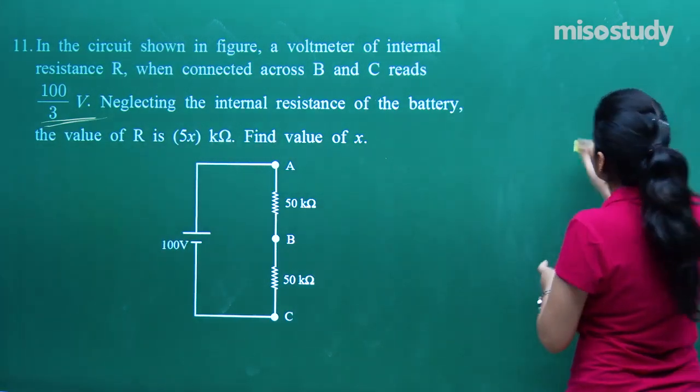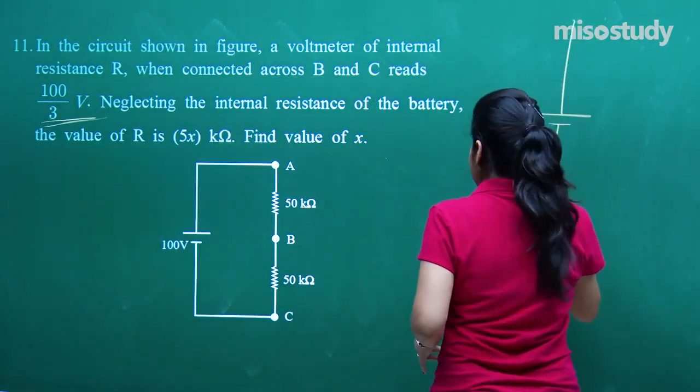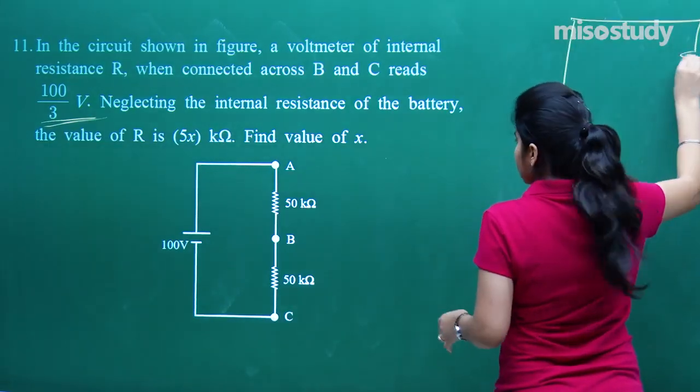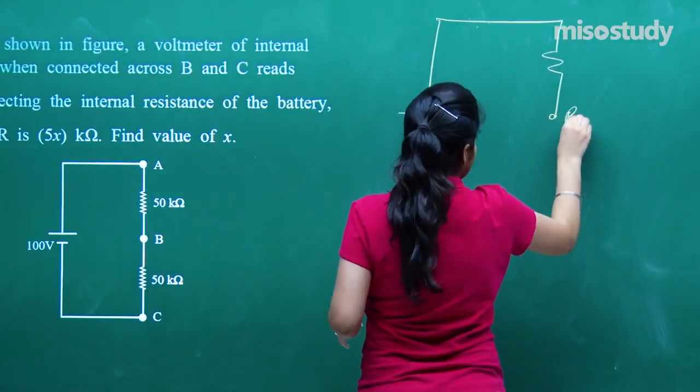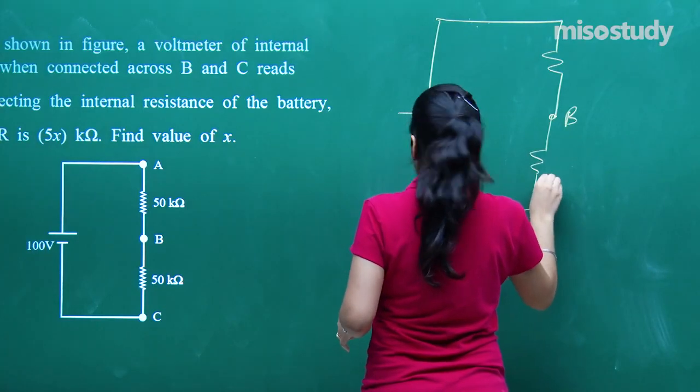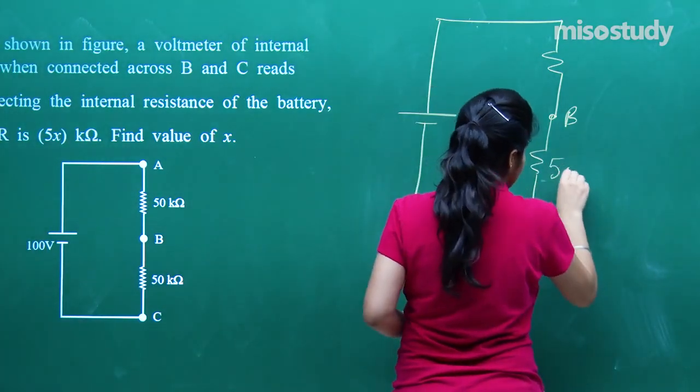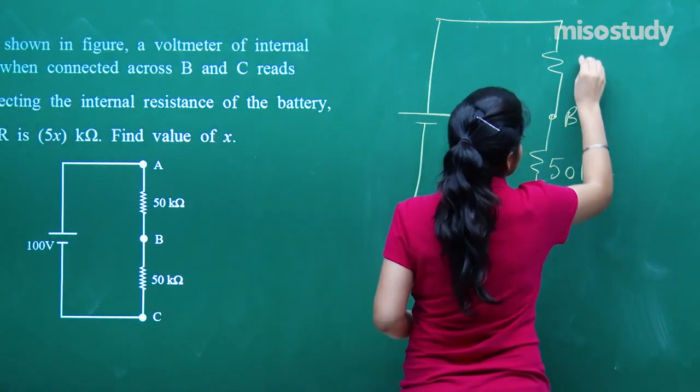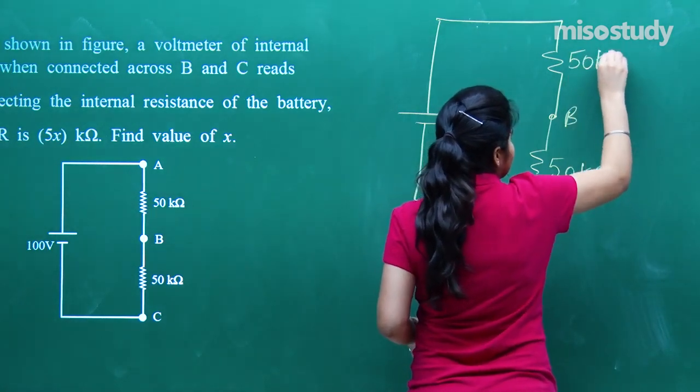Okay, let me just draw the circuit again. This is 50 kilo ohm, this is B, again this is 50 kilo ohm.